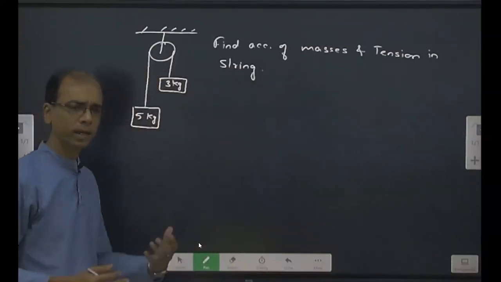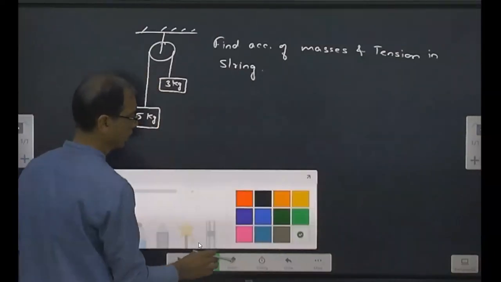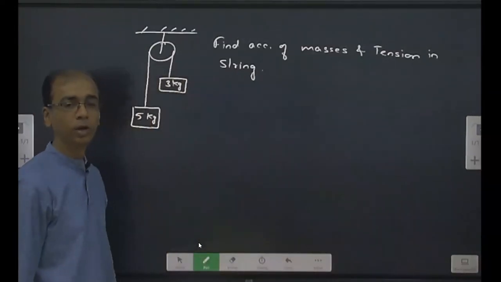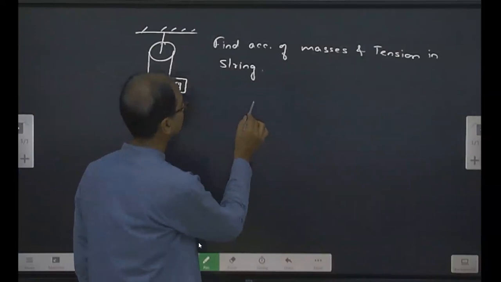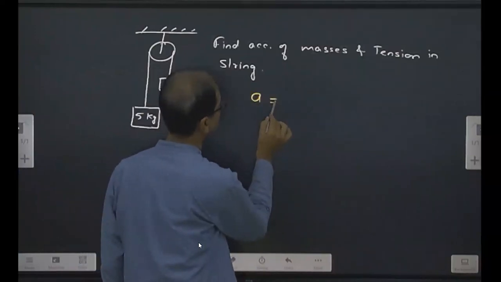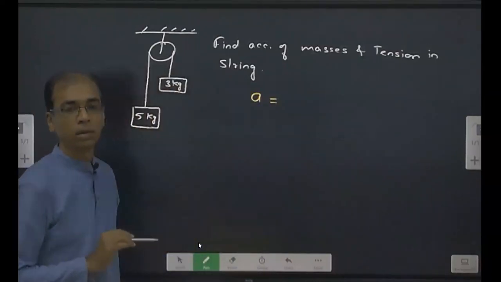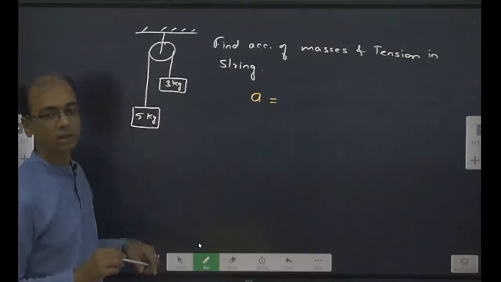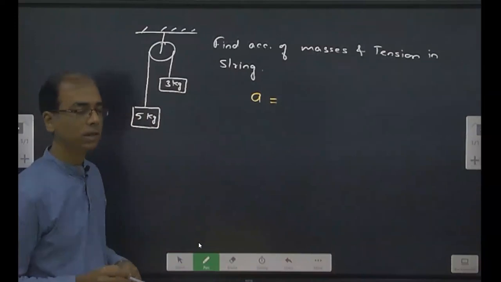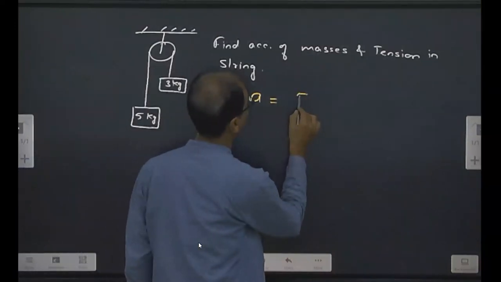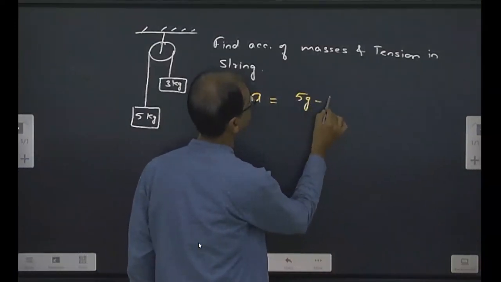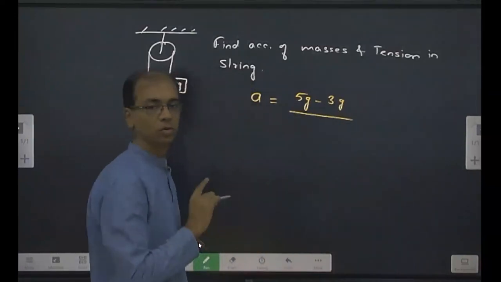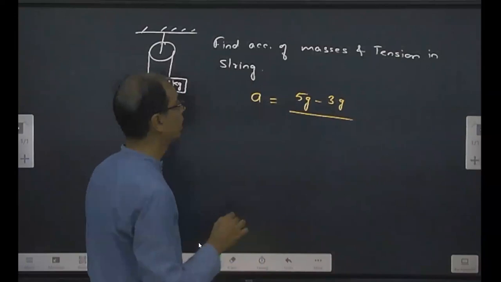Okay, so we can directly apply the formula. What are the formulas? First, our formula is for acceleration. Acceleration is equal to the weight of the heavier body minus the weight of the smaller body, divided by the sum of the two masses. The weight of the heavier body is 5g, and the sum of the masses is 5 plus 3, 8 kg.